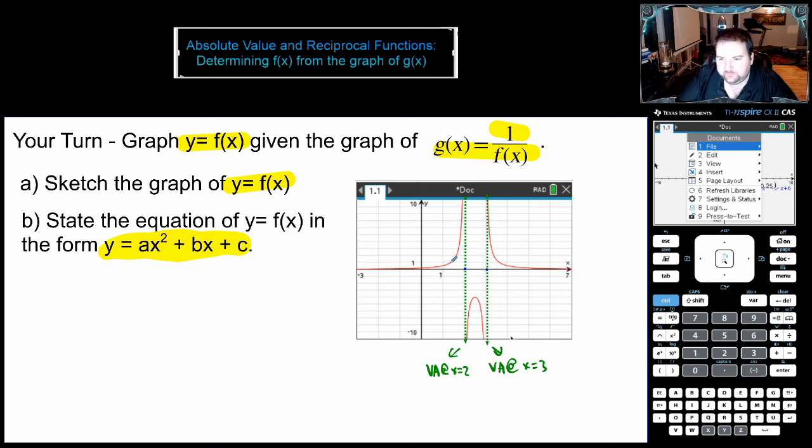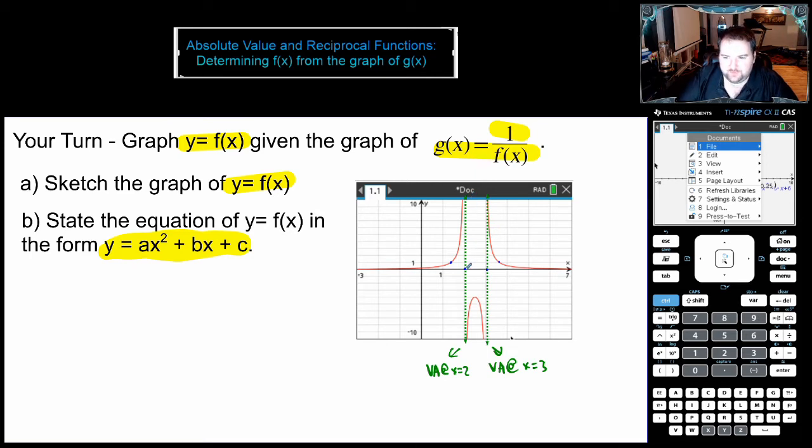Well, these are our invariant points. How do I know that? Because y equals 1 at this point and y equals 1 at this point, and there is no value at y equals -1, so I cannot call y equals -1 an invariant point. What else do I know?